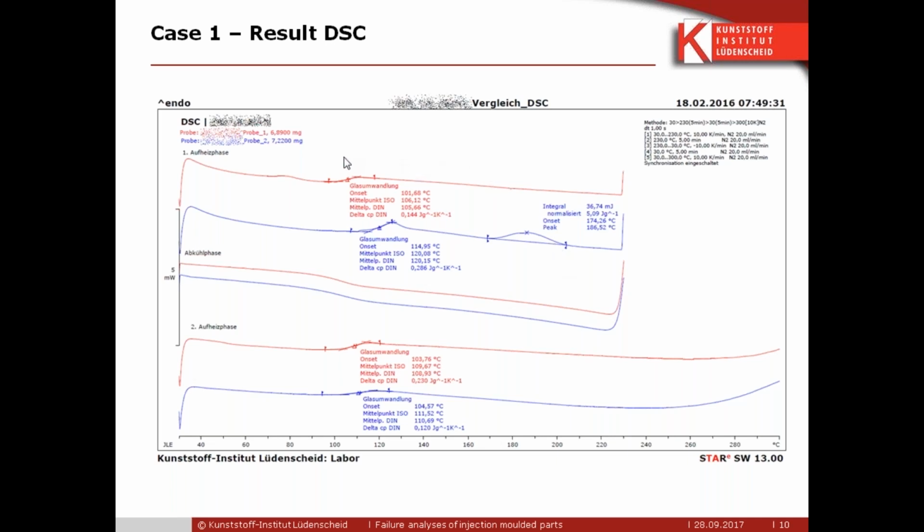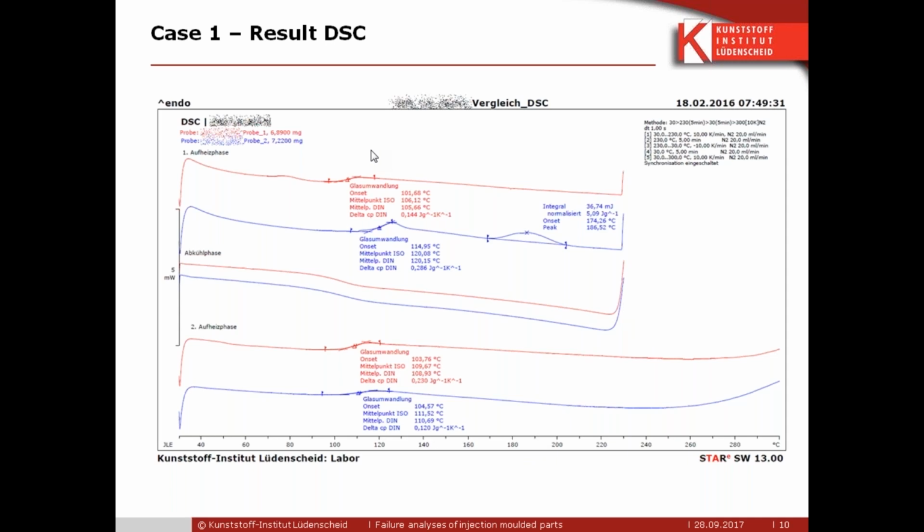So what we know by this analysis is that both round blanks are manufactured of PMMA and that we don't see any differences in the polymer material. So it's interesting, but it didn't give us the root cause.